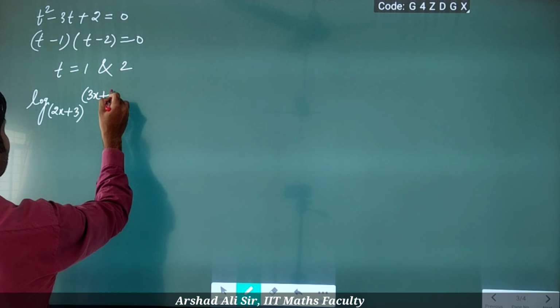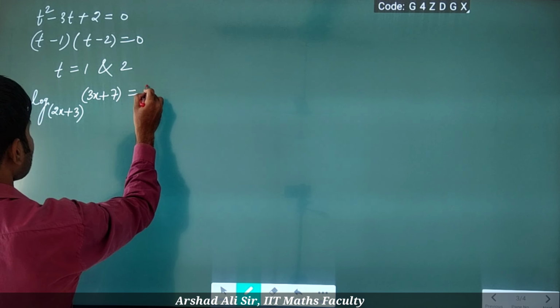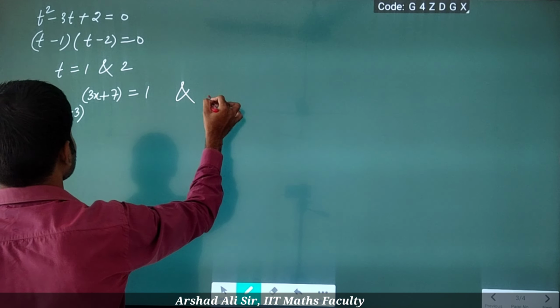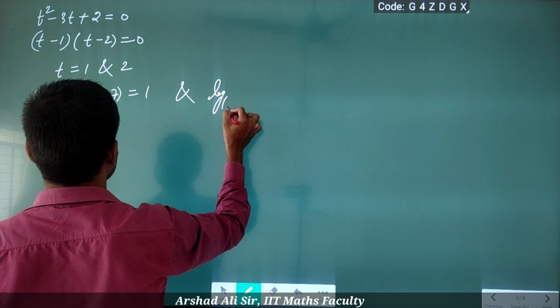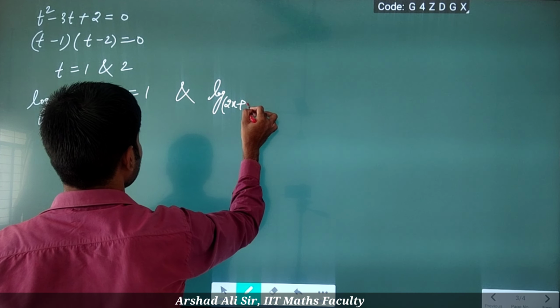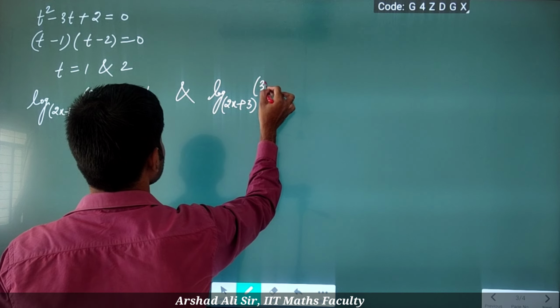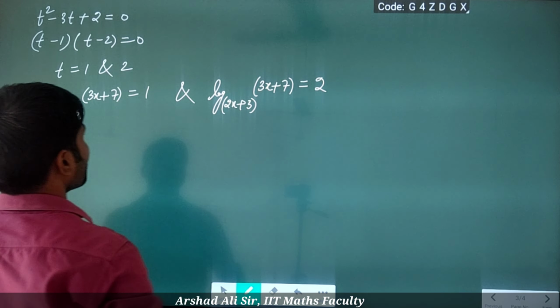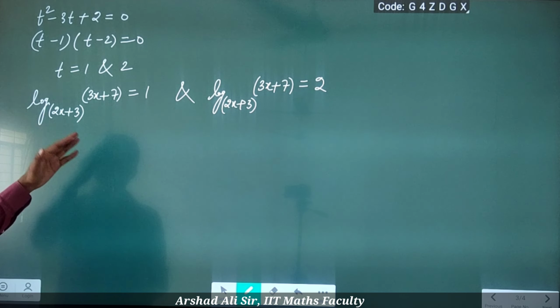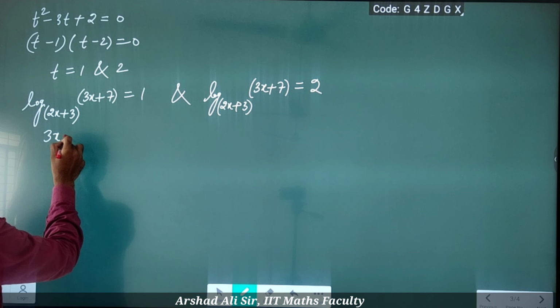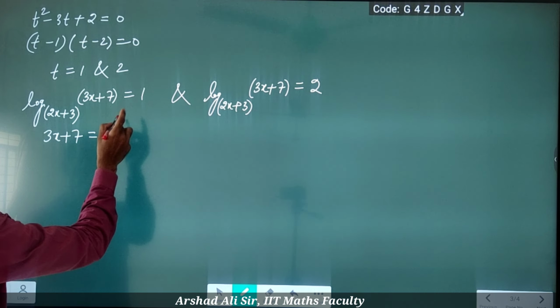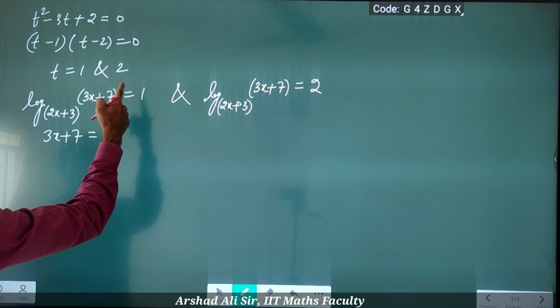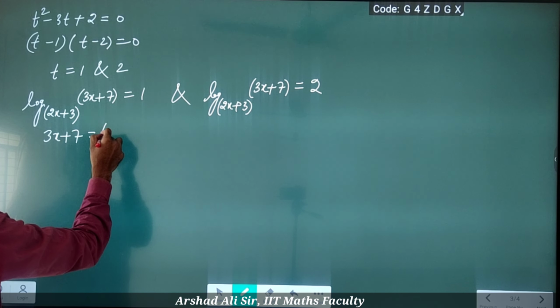Okay student, here we can put this one value equal to 1, and logarithm base 2x plus 3 of 3x plus 7 equal to 2. So after that remove this logarithm. Here we have 3x plus 7 as the number, and whatever we have on the equal side will be the power of this base.